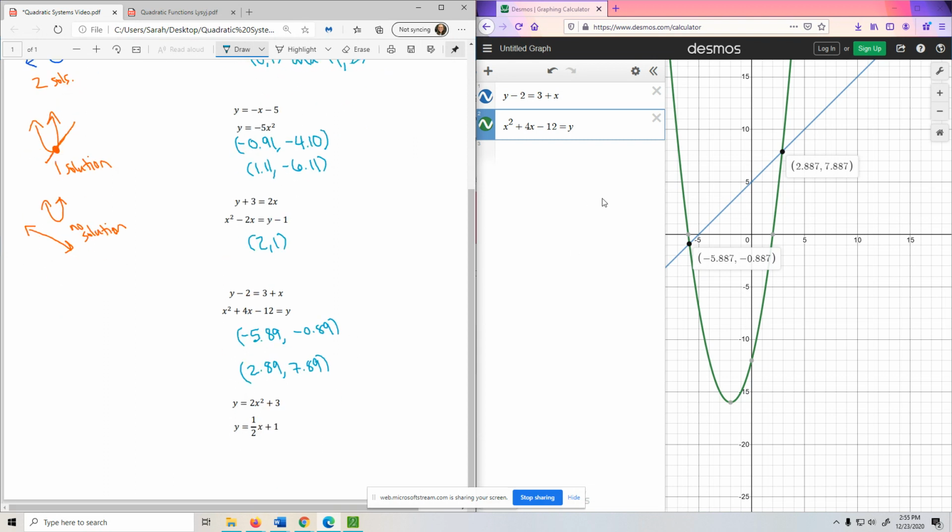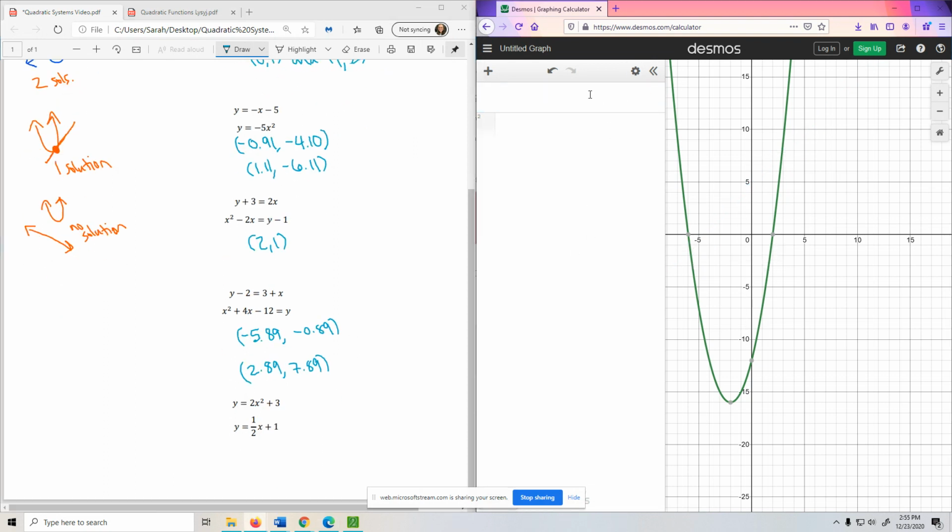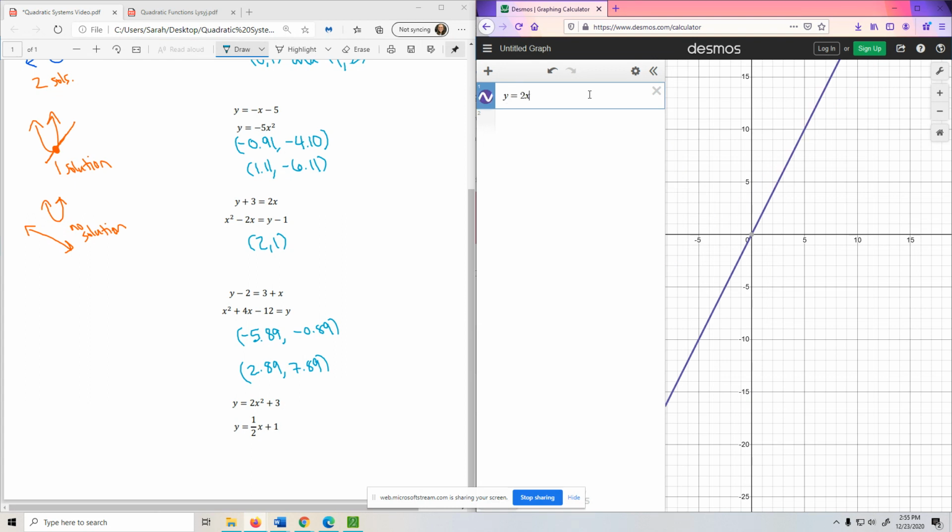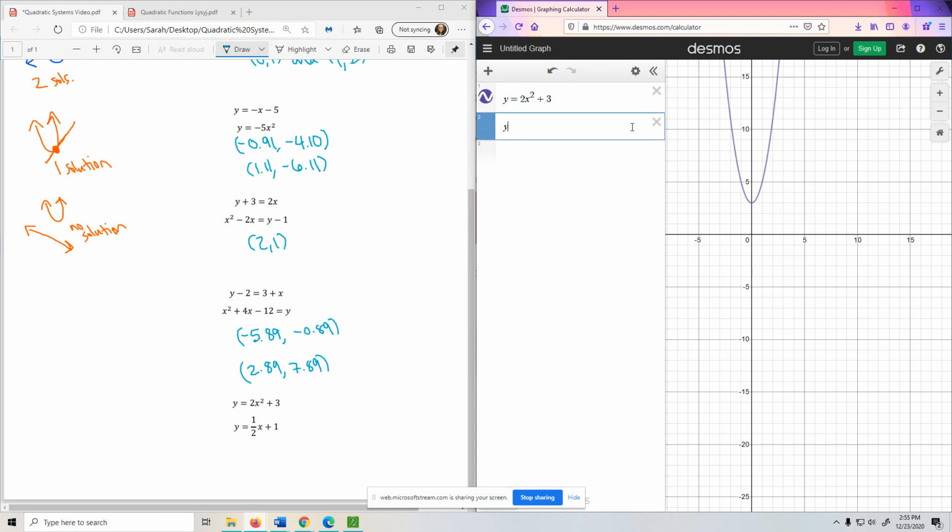All right, let's try one last one. So we have y equals 2x squared plus 3. And we have y equals, remember to do a fraction, we do 1 divided by 2 to get that fraction. And then arrow over to make sure you get out of the denominator, x, and then plus 1.